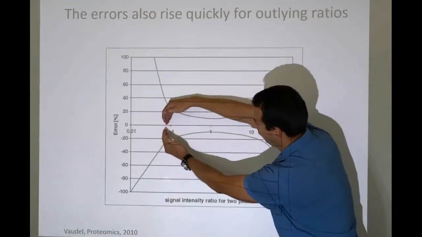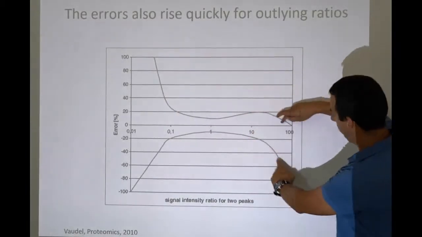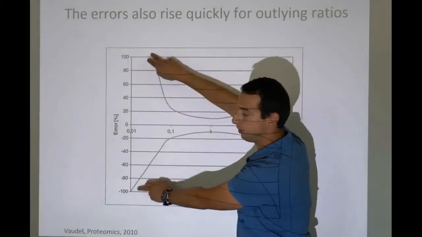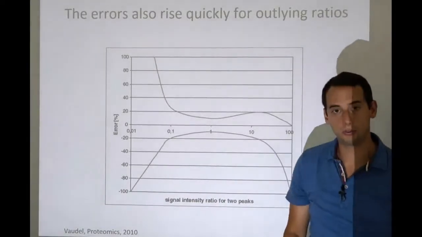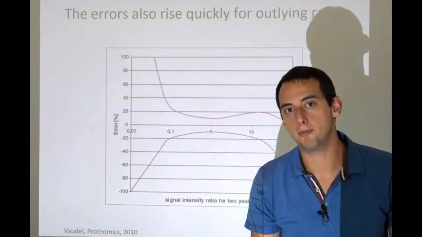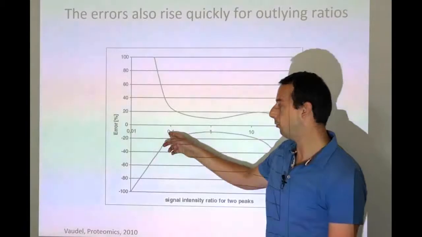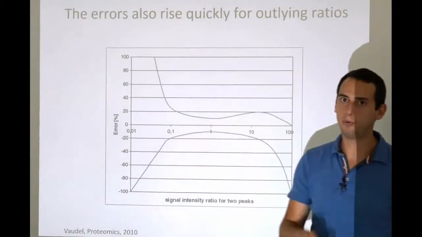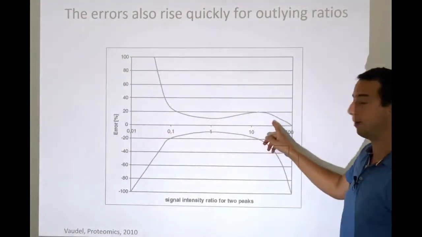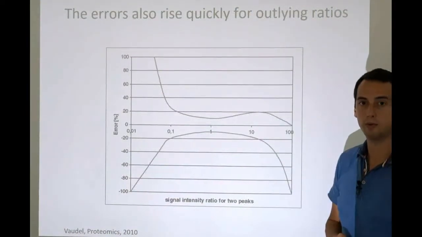We've seen that. The previous graph went to here, and then you can see that it really balloons once you get outside of this range. So the error becomes huge. So the reliability of measuring something at less than 1 over 10 is going to go down really quickly. And the same thing goes for measuring something that is over 10 over 1.